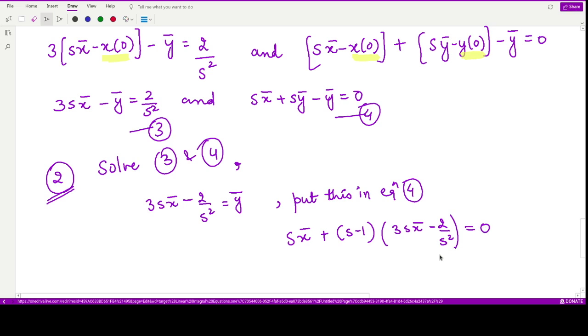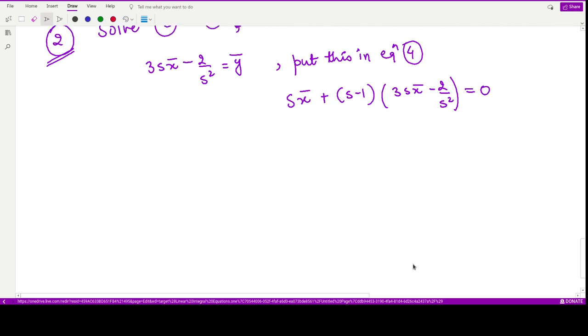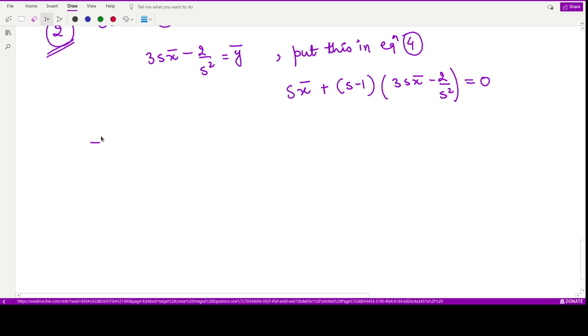So now we can simplify this and we can calculate the value of x bar from here. So let's do this. So this will be s x bar minus (3s minus 1) into x bar minus (2s minus 1) divided by s square is equal to 0.